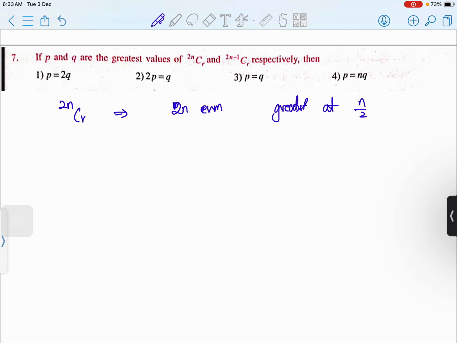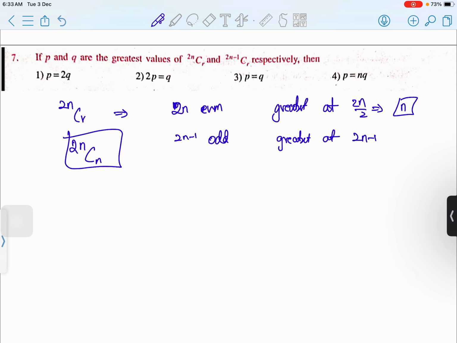So for this, 2n by 2 means its greatest value will occur at 2nCn. Now 2n minus 1 is an odd number, so its greatest will occur at 2n minus 1 increment by 2. So that is nothing but here also n. So its greatest also will occur at 2n minus 1 Cn.